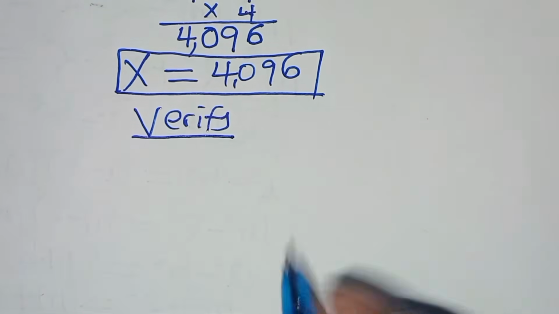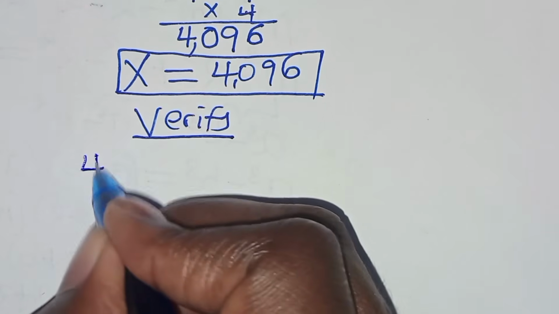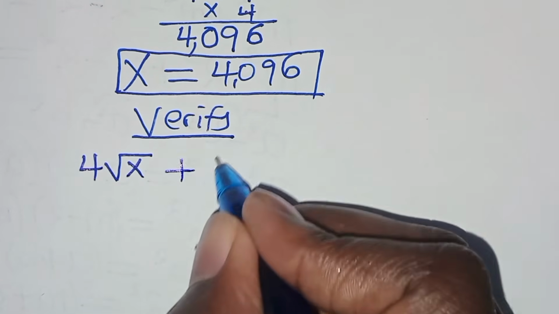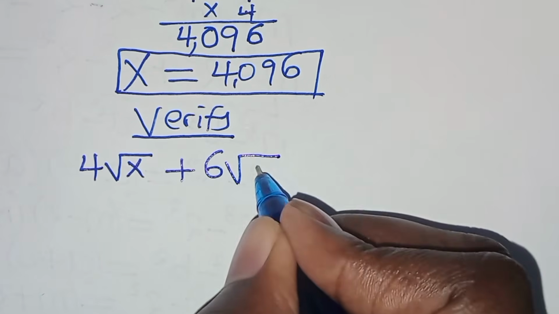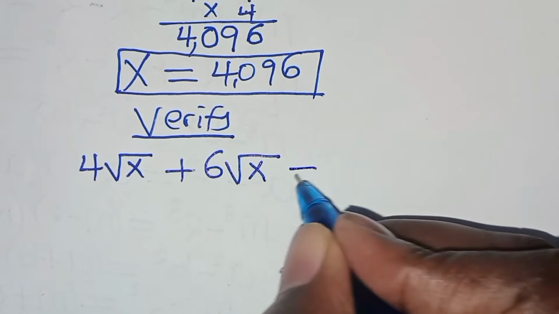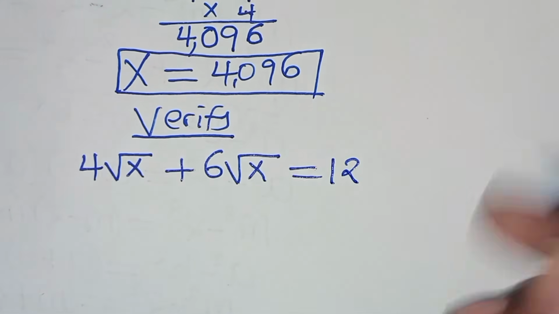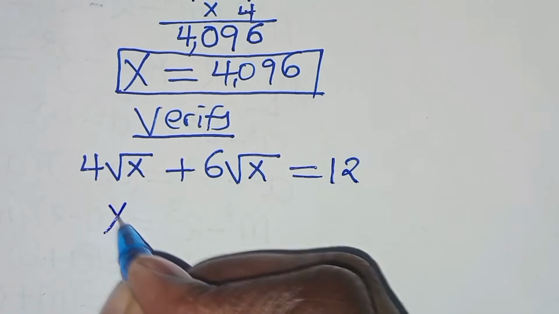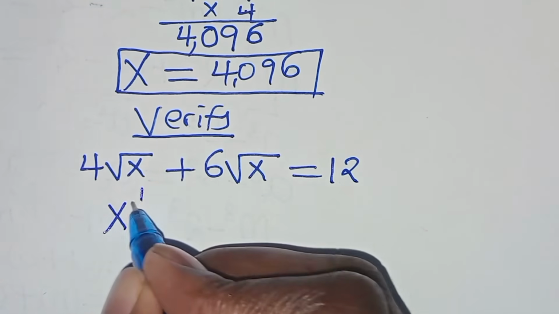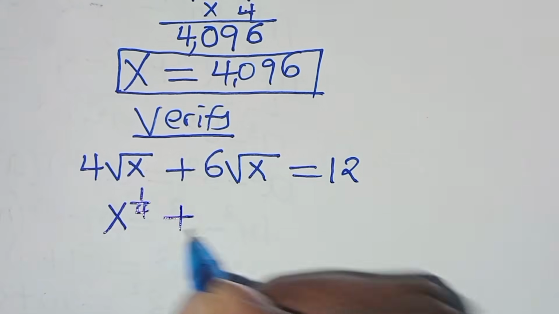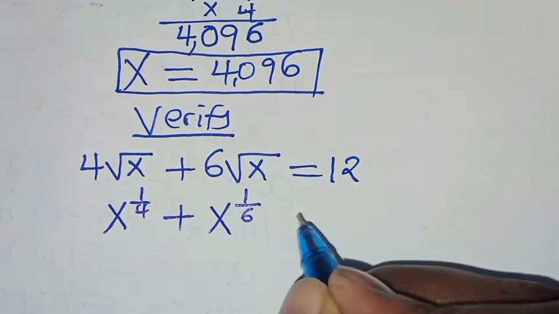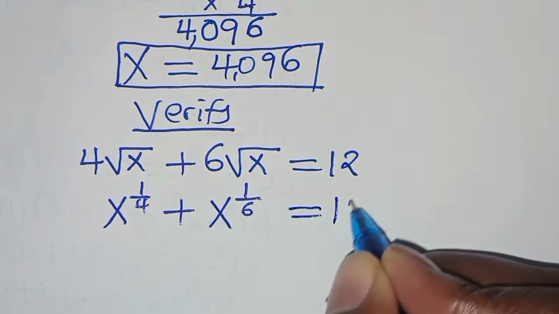Now, we have that the fourth root of x plus the sixth root of x should give us a value of 12, which you can express as x to the power of 1 over 4, plus x to the power of 1 over 6.